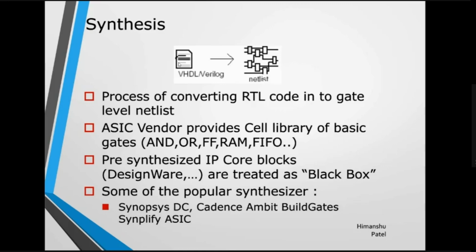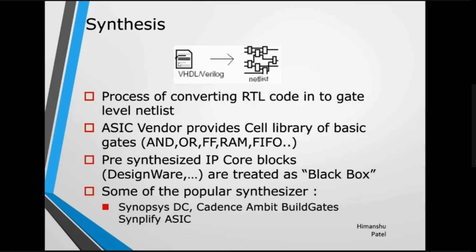Now, coming to what we have here: the ASIC vendor provides a cell library of basic gates. Yes, whatever I mentioned now. It will provide for every component or element that you use in the RTL code. Without these components, you cannot write RTL code.